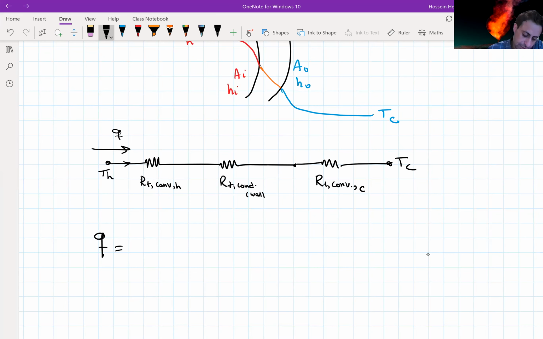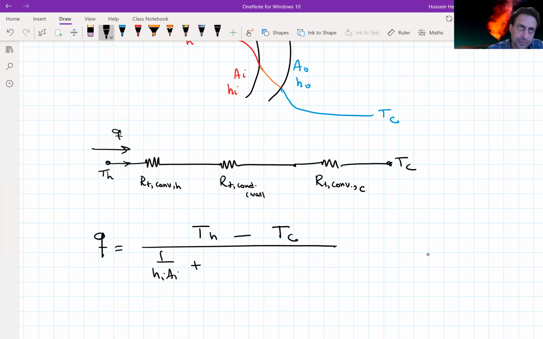So I can use the overall heat transfer coefficients that we have seen before between any 2 points, with temperature difference TH minus T cold divided by 1 over hiAi plus log of Do over Di over 2 pi kL plus 1 over hoAo.